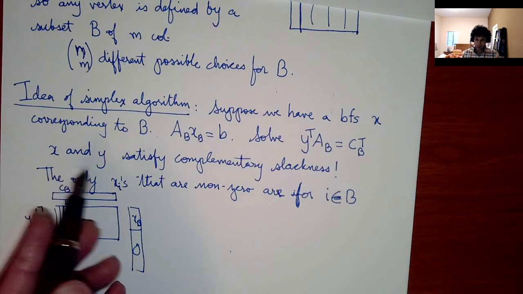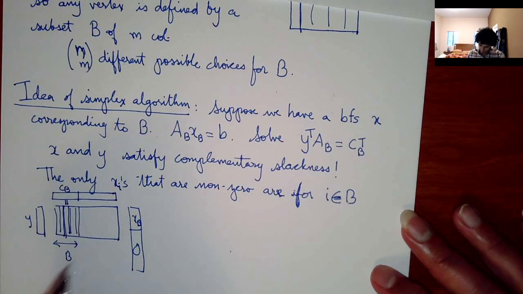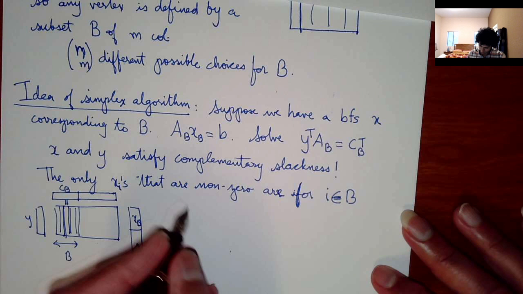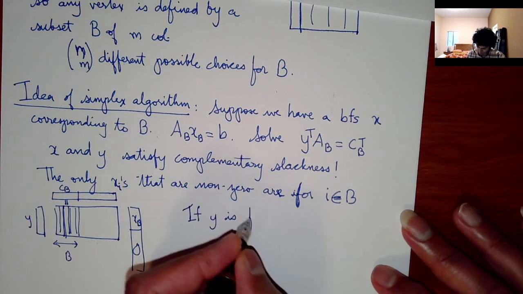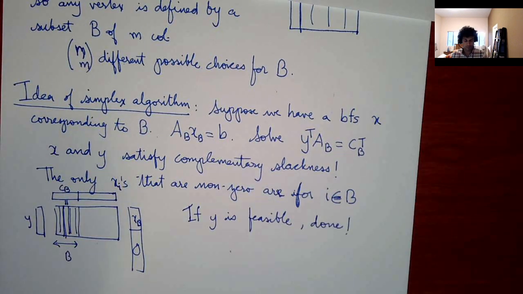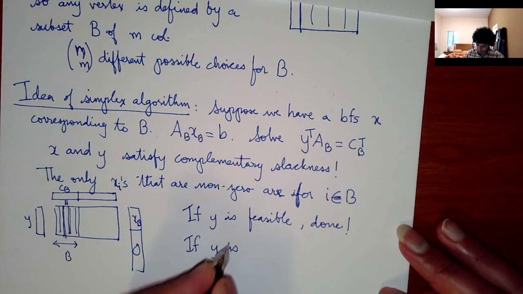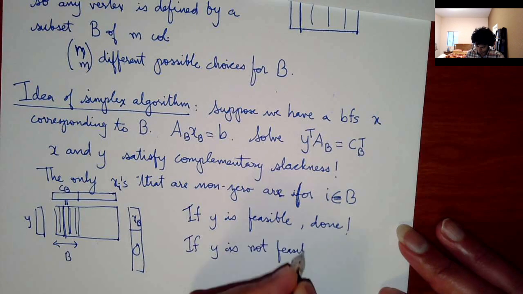So x and y satisfy complementary slackness. x is feasible. So if y is feasible, then we're done. We have the optimum. Because if you have x and y being feasible and satisfy complementary slackness, you're done. So if y is not feasible, what does that mean?